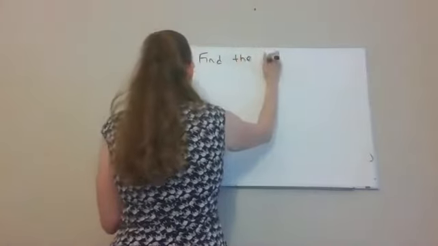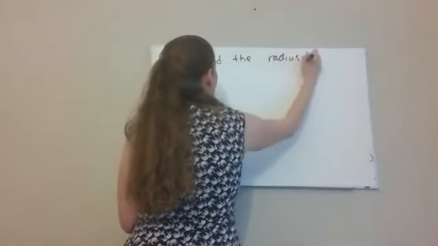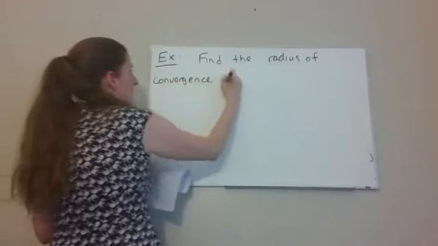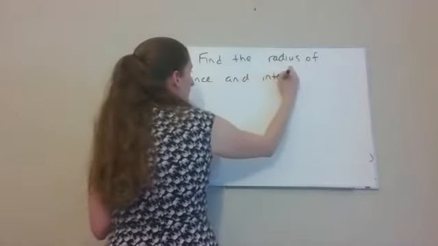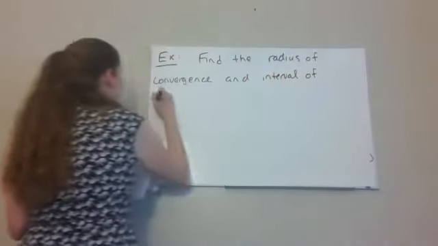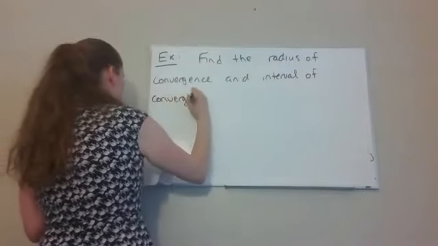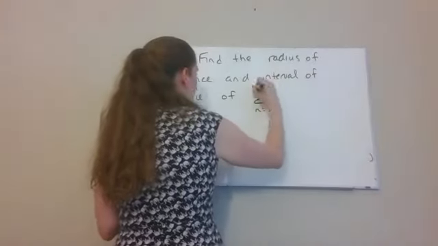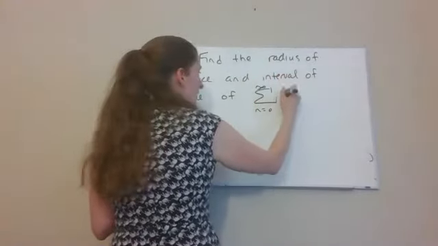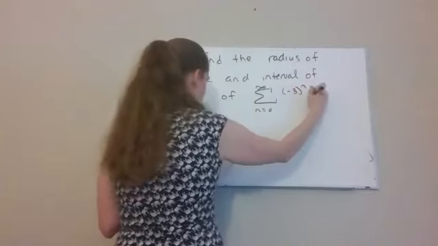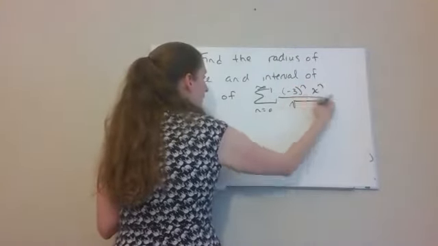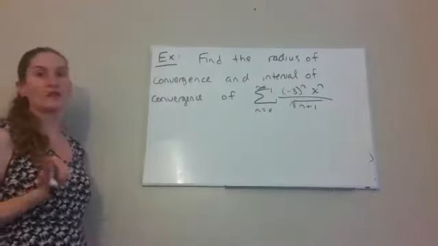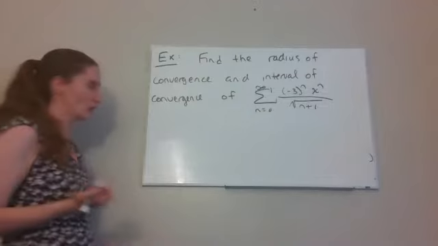So let's find the radius of convergence and the interval of convergence of the series sum from 0 to infinity, negative 3 to the n, x to the n, over square root of n plus 1 in the denominator. And again, we're going to use that ratio test for absolute convergence.